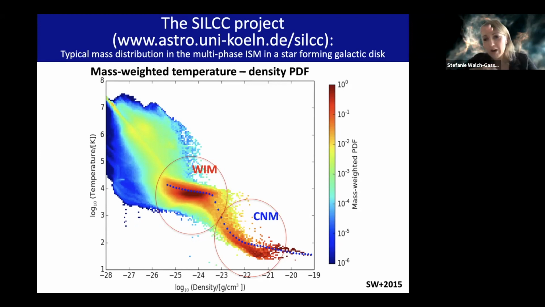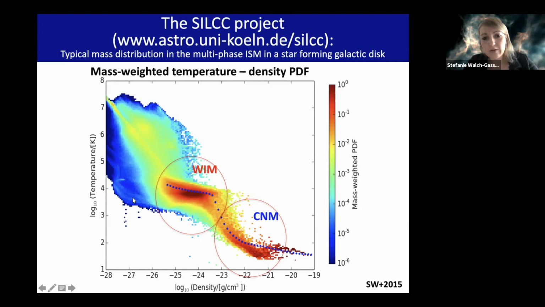Because the more you go above the disk, the more you become dominated by the hot gas. But also in the disk midplane, we find that more than 50% of the volume needs to be filled with hot gas if you want to drive a galactic fountain flow by supernovae.